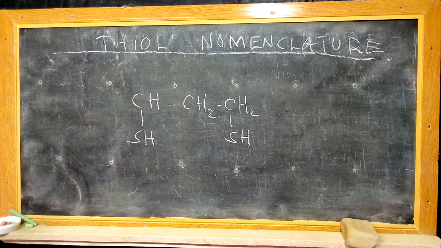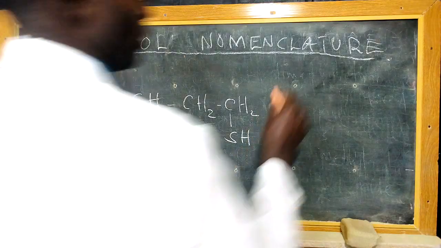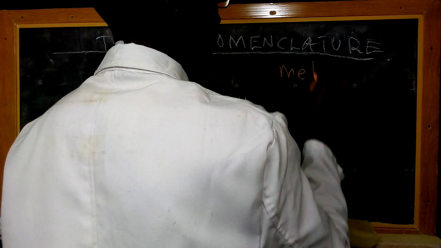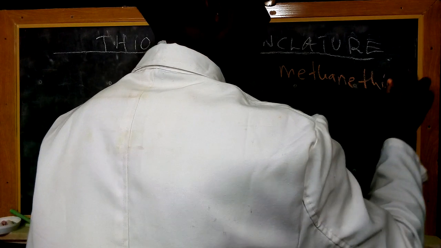In the IUPAC naming of this particular class of organic compounds, we add the ending thiol, as we have said, to the name of the alkane series without dropping the letter E. For example, the first member that we mentioned, we named it methanethiol.